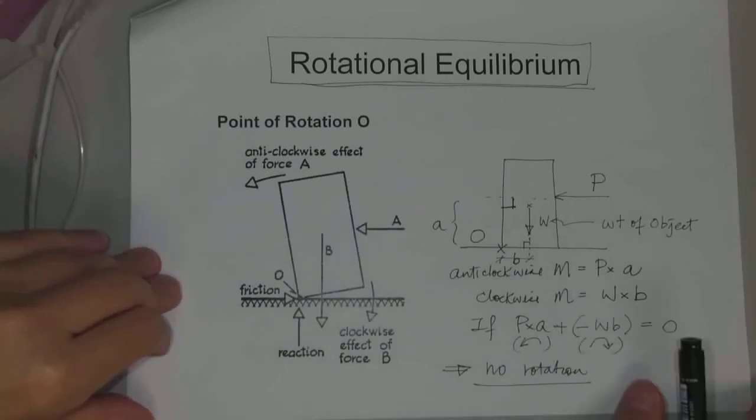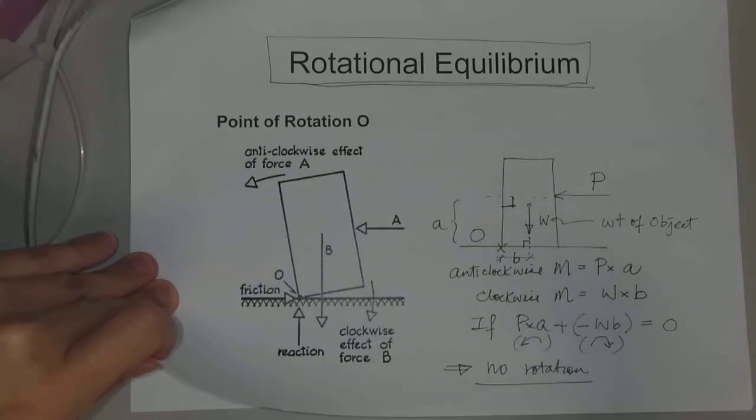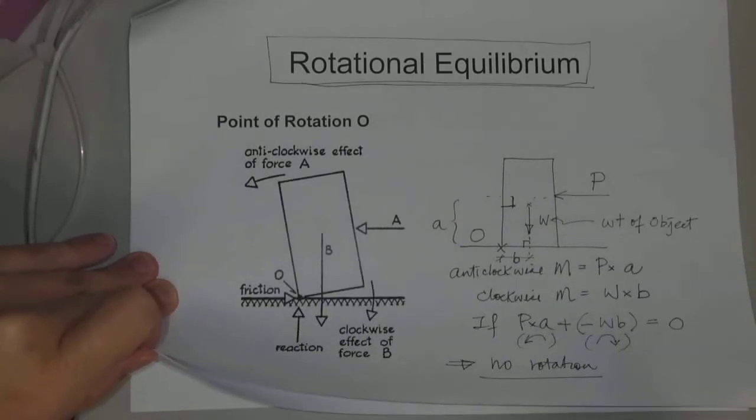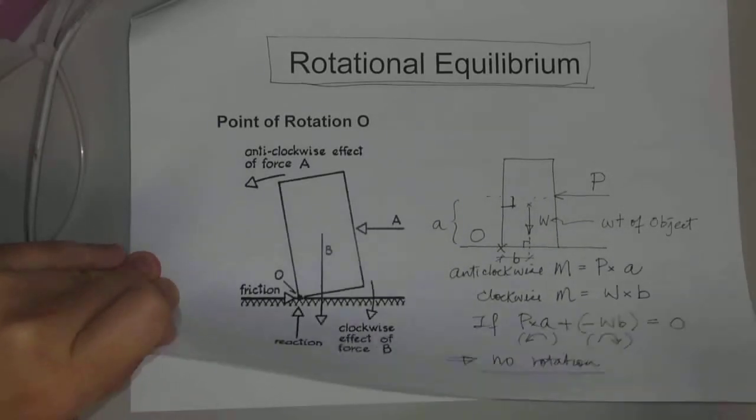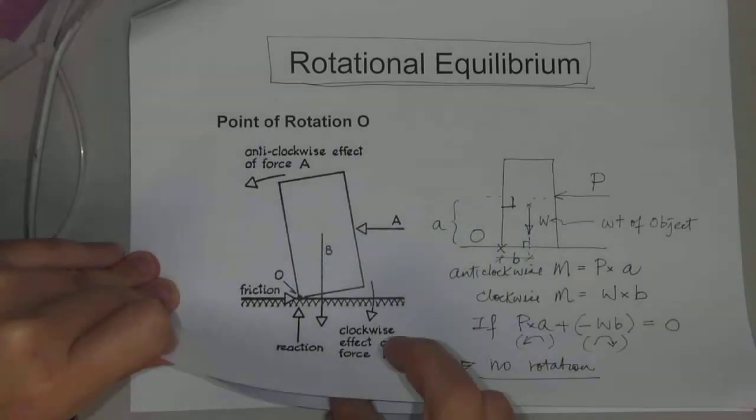So in summary, if you try to summarize vertical, horizontal and rotational equilibrium, those three things have to be satisfied at the same time.